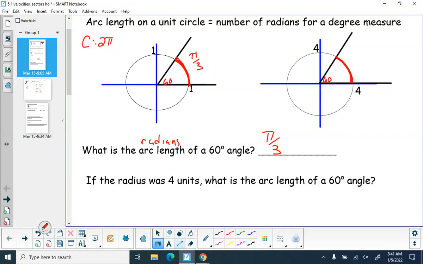Jack? 1/6. 1/6 because the entire circle is 360 degrees, and 60 degrees of that is 1/6. So if I take this 2 pi and multiply by 1/6, this is another way of coming up with this pi over 3.